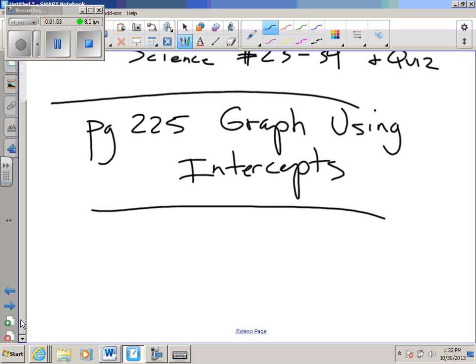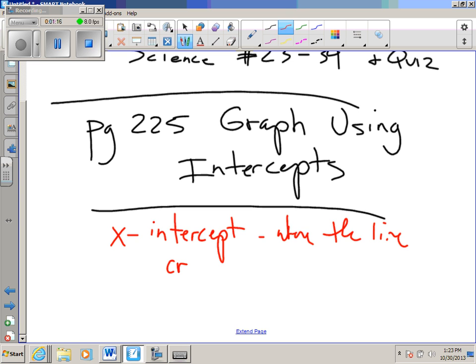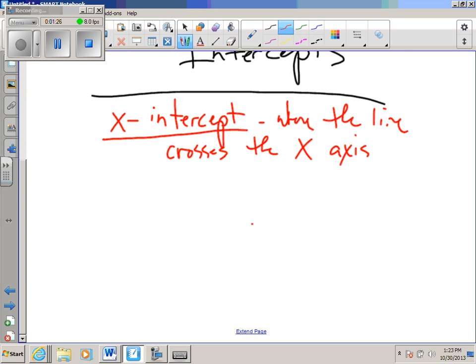So we'll have an x-intercept where the line crosses the x-axis. Okay, kind of like if you think of intercepting a pass.